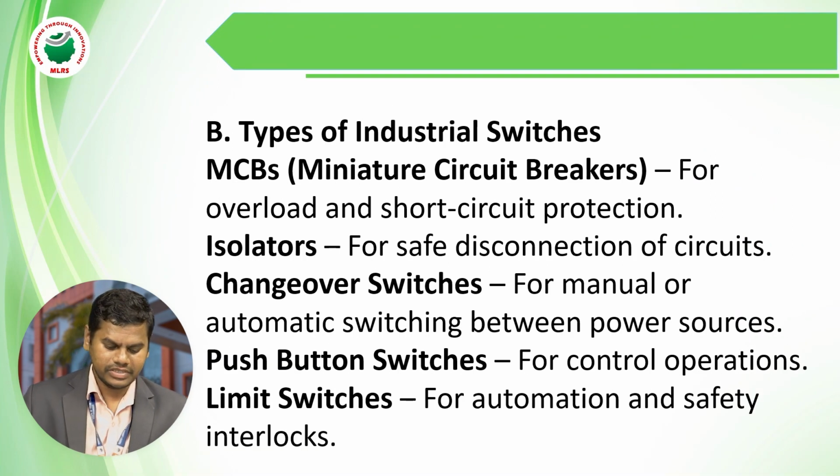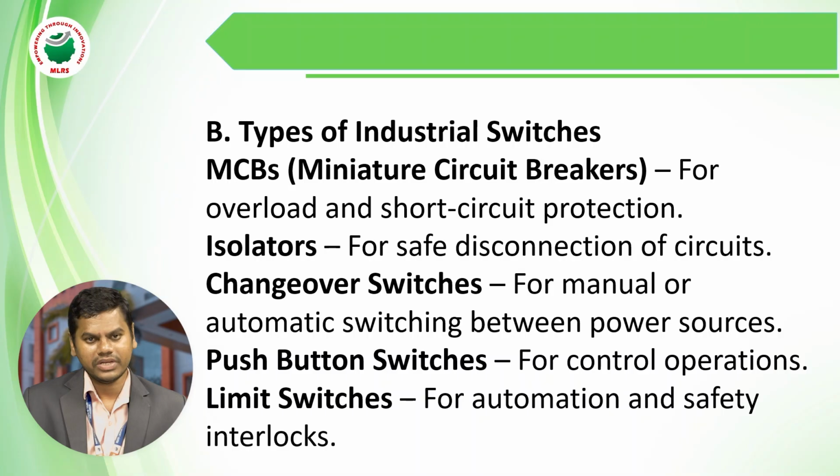Next one, types of industrial switches. These are MCBs, isolators, changeover switches, push button switches, and limit switches. First, MCBs, miniature circuit breakers. We use MCBs only for overload and short circuit protection.